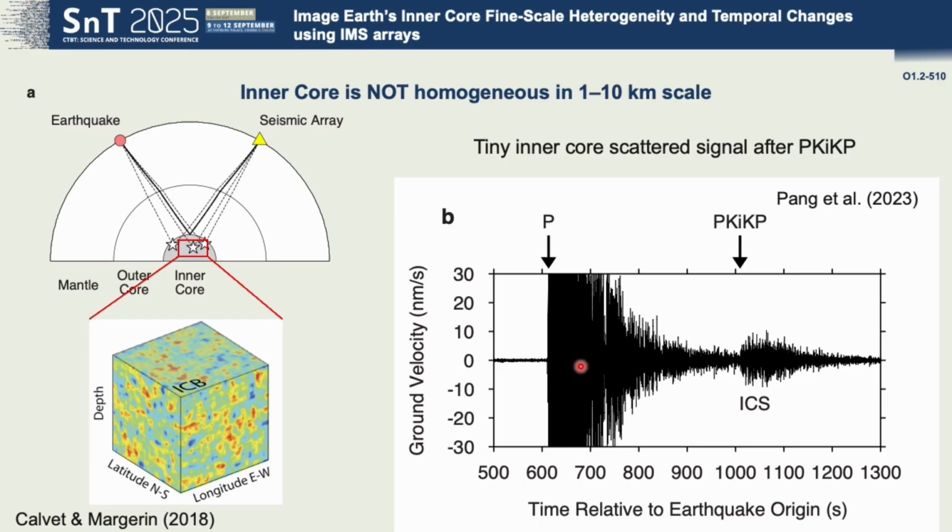The figure here shows an example waveform recorded at ILAR. You can see that the amplitude of these PKiKP coda is extremely small. They are only on the nanometer scale, which makes them really difficult to detect with only a single seismometer.